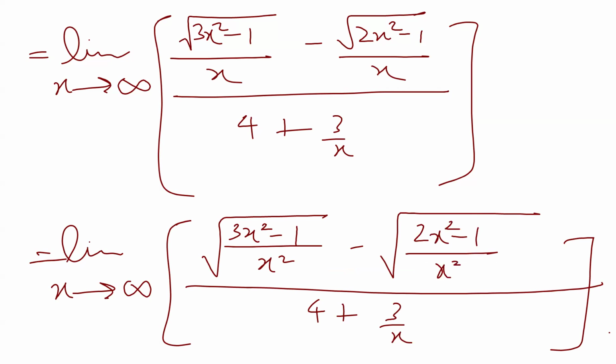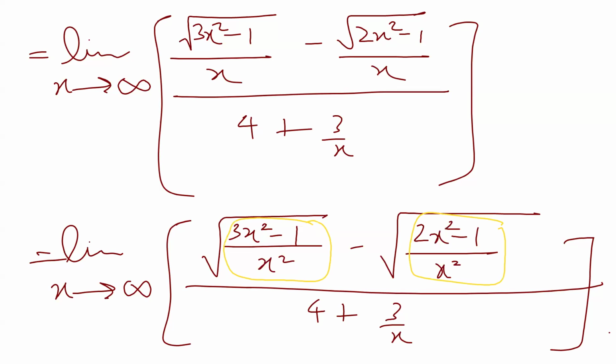Okay. The next step is again split within the root, split it. Three x square upon x square minus 1 upon x square. Okay, the root of 3x square upon x square minus 1 upon x square.